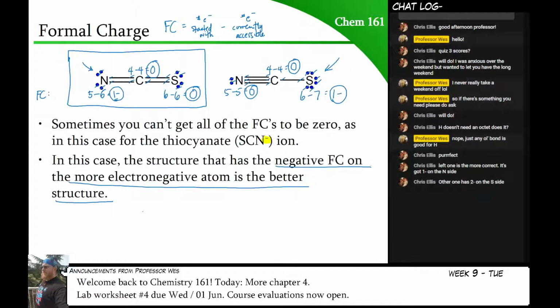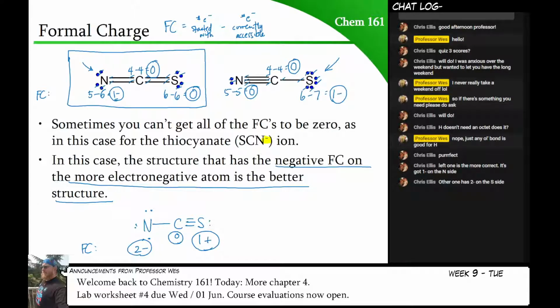Now you might think, oh, okay, well, what if I did something like this instead then? Would this be better? And the answer is, well, now the formal charges would look like this. So I'd have 5 minus 7, which is -2. This is still 0. And then this is +1. Should I make it more negative at the expense of making something positive?